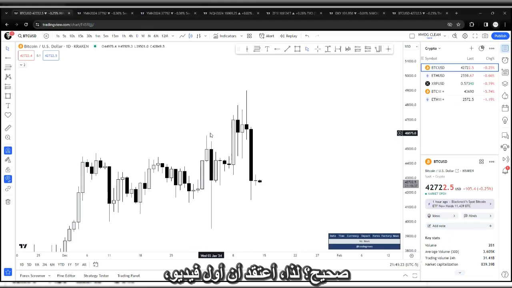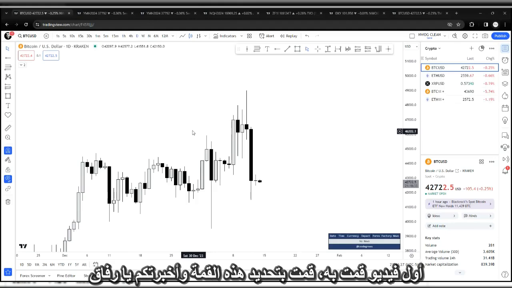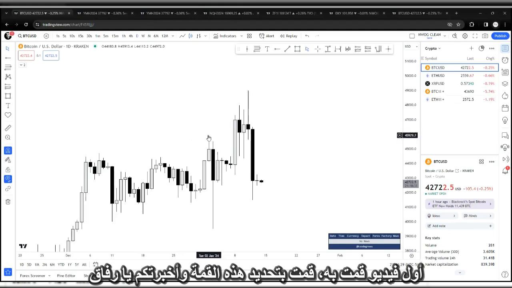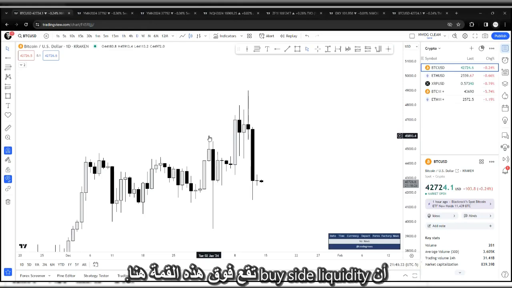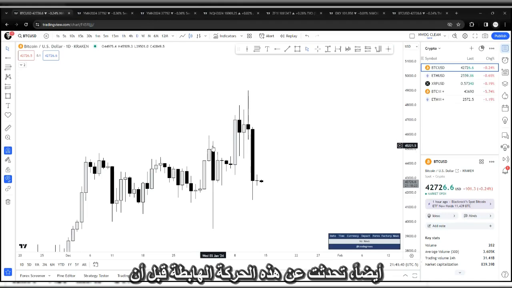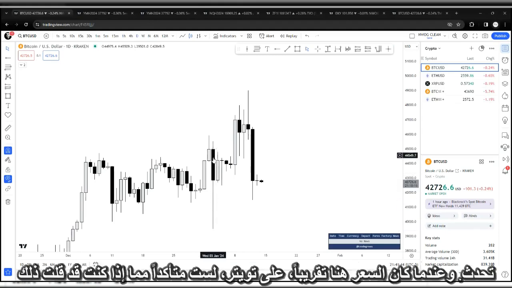In I think the first video that I made, I highlighted this high and told you guys that buy-side liquidity rested above this high right here. Also, I talked about this down move before it happened.